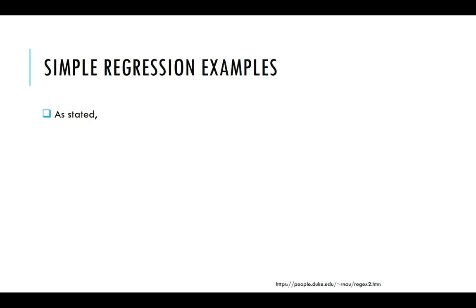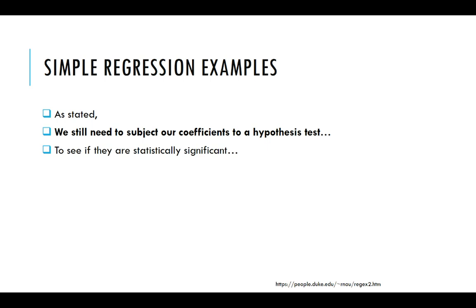Now, as stated, we still need to subject our coefficients to a hypothesis test to see if they're statistically significant. And so that's where we're going to do this based on our hypothesis test. So remember what we're doing when we're looking at hypothesis tests.